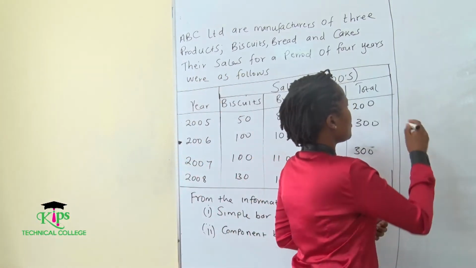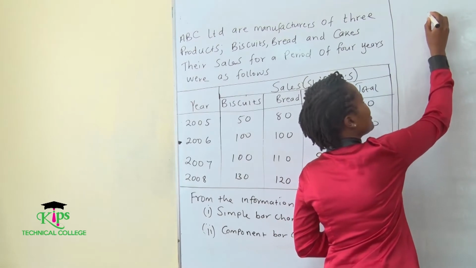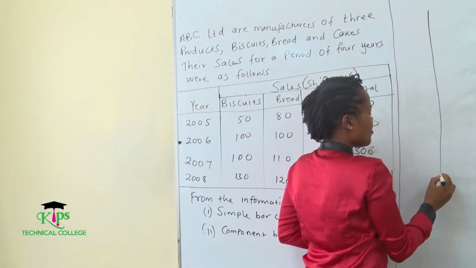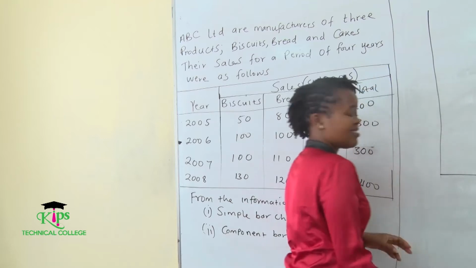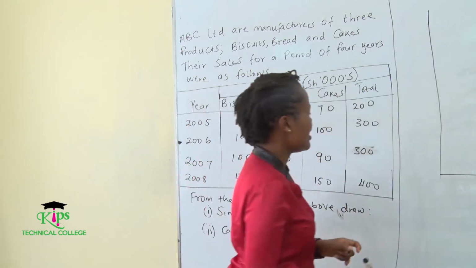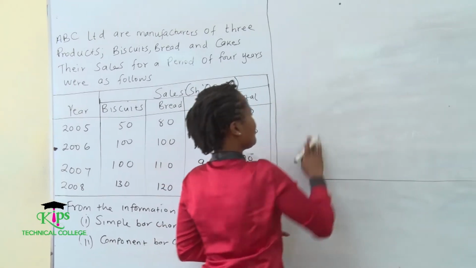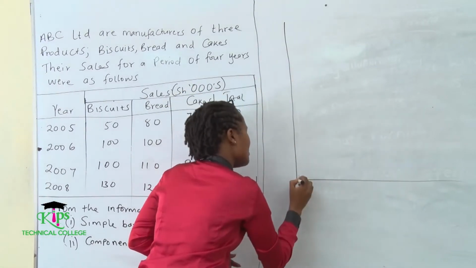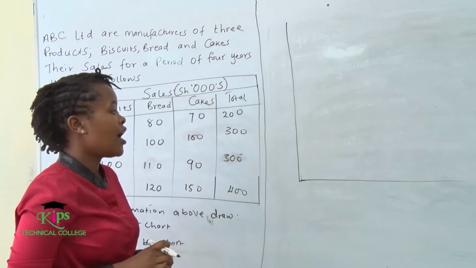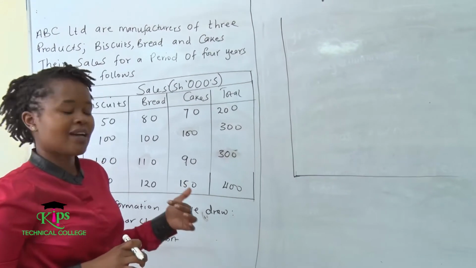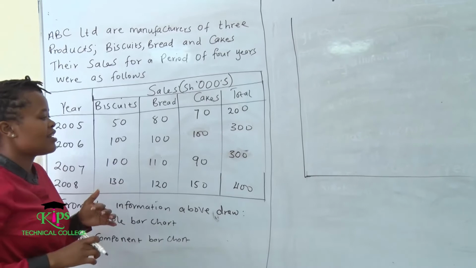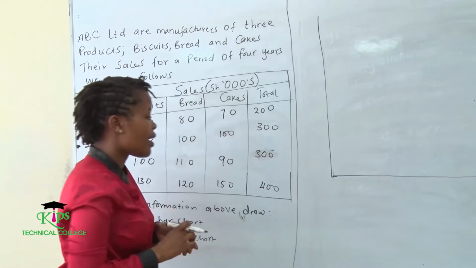Remember, in this case you're supposed to have a form of a graph, with x and y axis. And from there, you need to take care of your y axis only. For bar chart, we only consider the y axis scale.